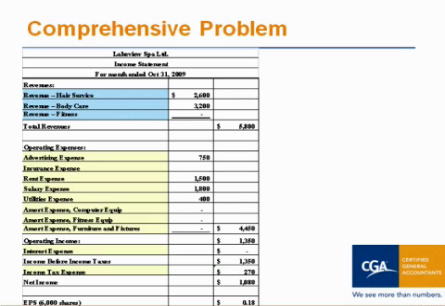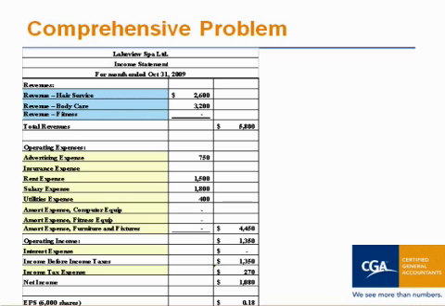So once again, we're trying to stay color coordinated so that you can stay organized. Our revenues are in blue, and we had 2 different sources for revenues, hair service and body care, $2,600 and $3,200. And that gives us total revenue of $5,800. You notice we have 2 columns here to work with. We're not using debits and credits.